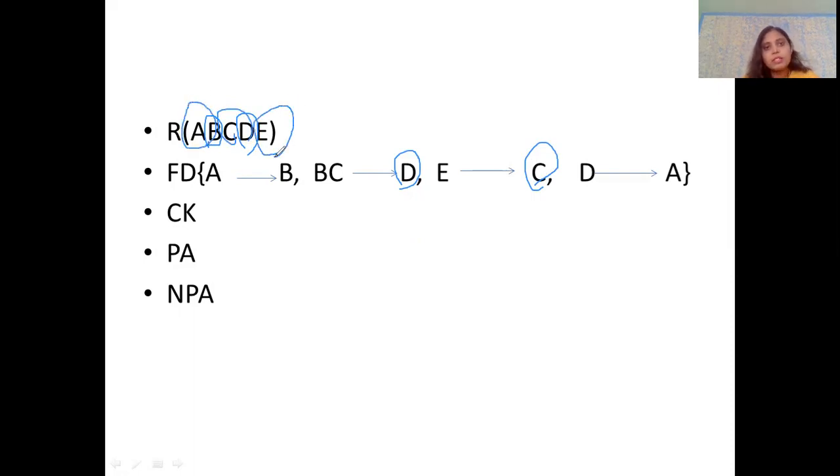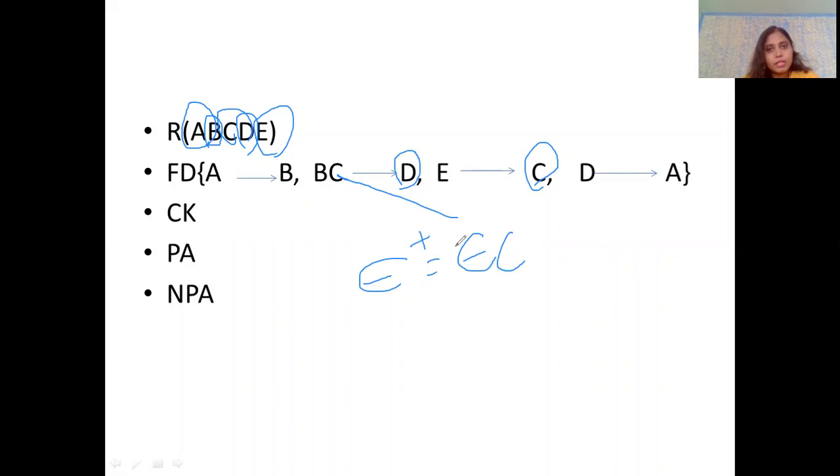What is the meaning of this? E will be present in every candidate key. E is a compulsion for every candidate key. Whichever attribute is not present in the RHS of all functional dependencies, that attribute will be a part of my candidate key. Along with E, if I take only E as my candidate key and check E's closure, from E I can get E since it is reflexive, and from E I get C. I don't have any other functional dependencies for C to find the remaining attributes, so I have to stop at this point.